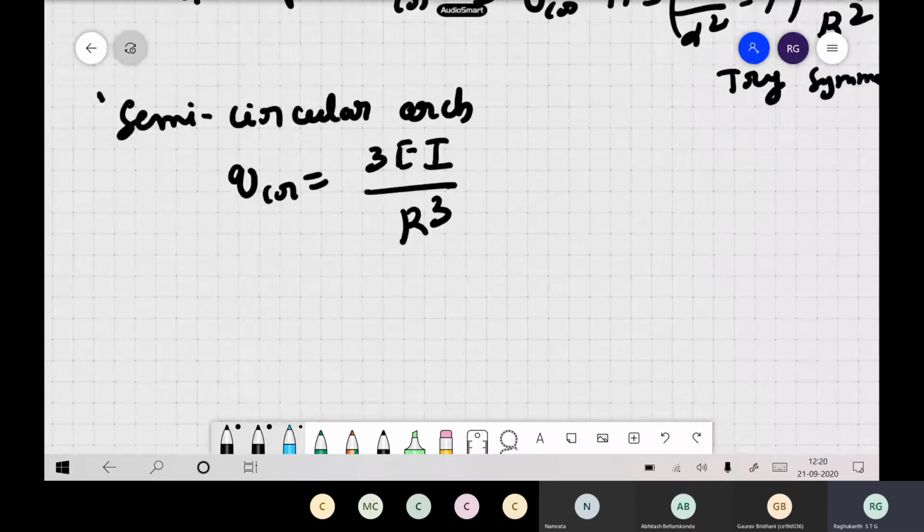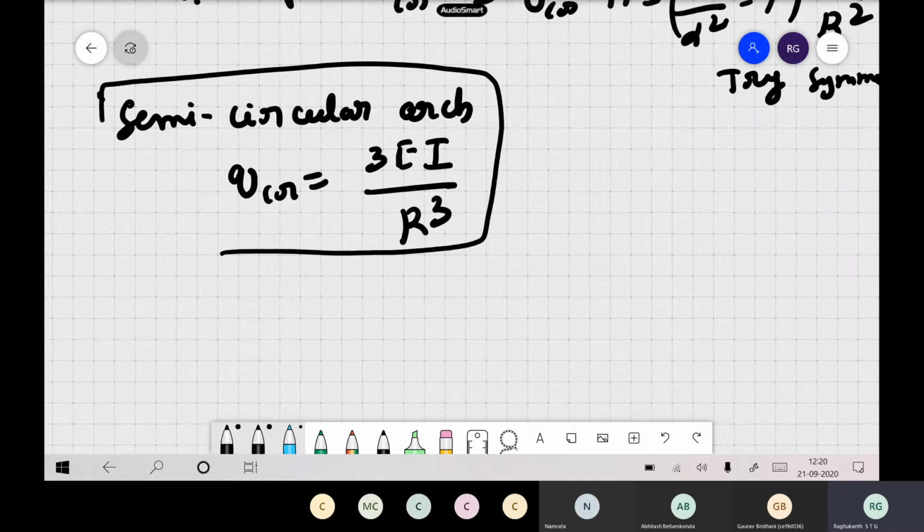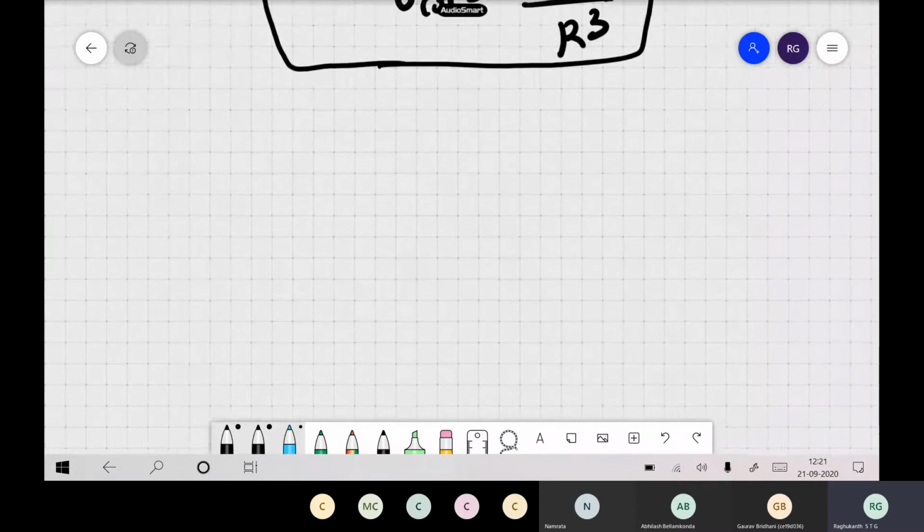If you want to check any tunnel, a semicircular kind of thing, this is a very famous formula. But of course, this formula has all kinds of limitations. It has come from Euler-Bernoulli buckling theory, where all those assumptions like linearity come into the picture. But anyway, it works in practice. Okay, so now similarly, let us see the fixed arch.